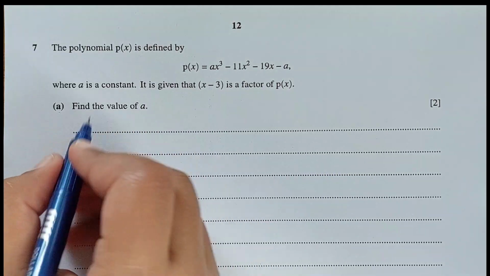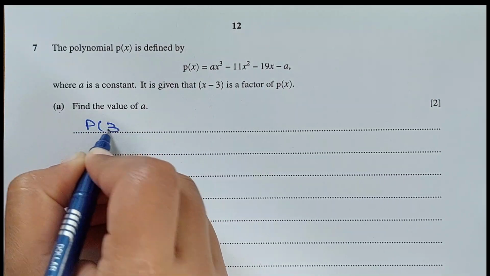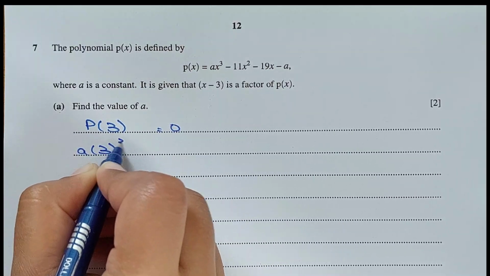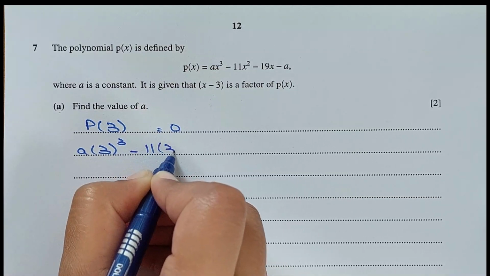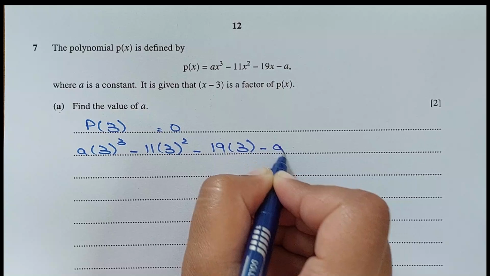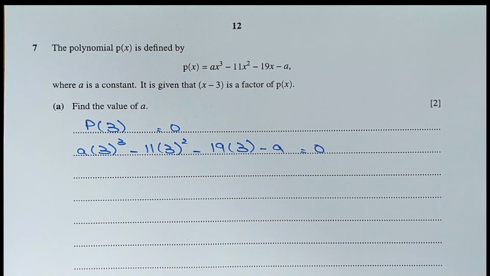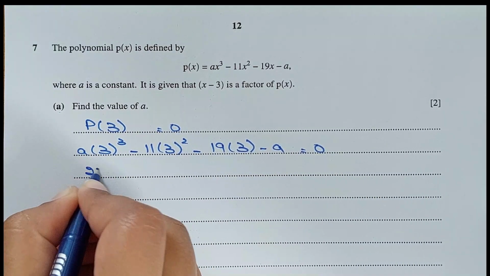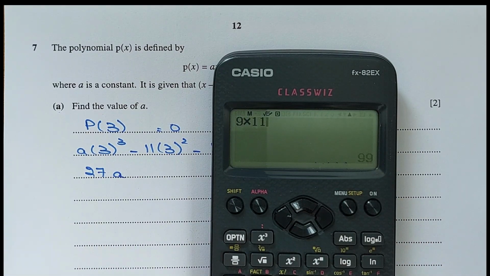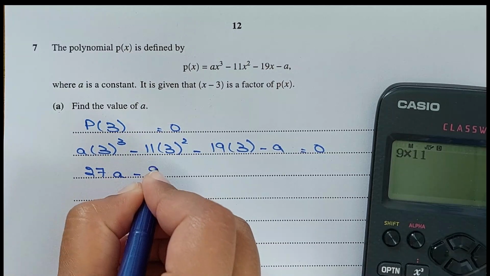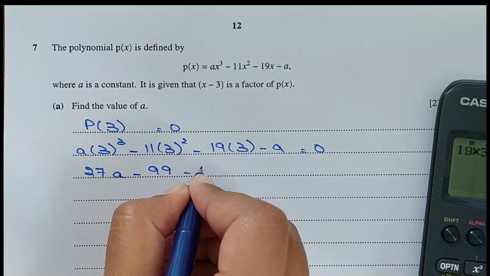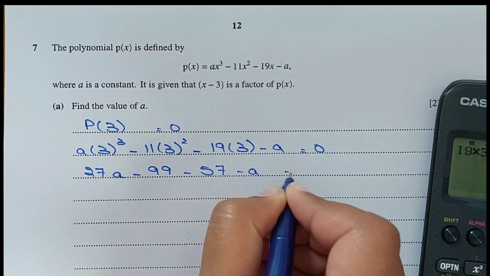So x minus 3 is a factor, so it means p of 3 should be equal to 0. So a times 3 cube minus 11 times 3 square minus 19 times 3 minus a should be equal to 0, right? So 3 cube is 27, 27 times a, 3 square is 9, and 9 times 11 is 99, minus 99, and 19 times 3 is minus 57, minus a is equal to 0.